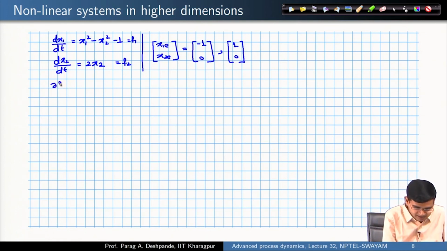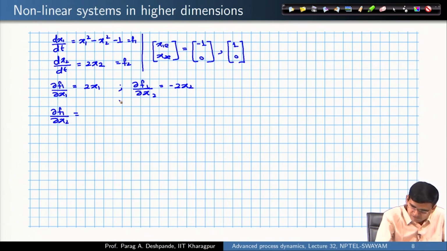So, del f 1 by del x 1 would be equal to 2 x 1, del f 1 by del x 2 is equal to minus 2 x 2, del f 2 by del x 1 is 0, and del f 2 by del x 2 is 2.